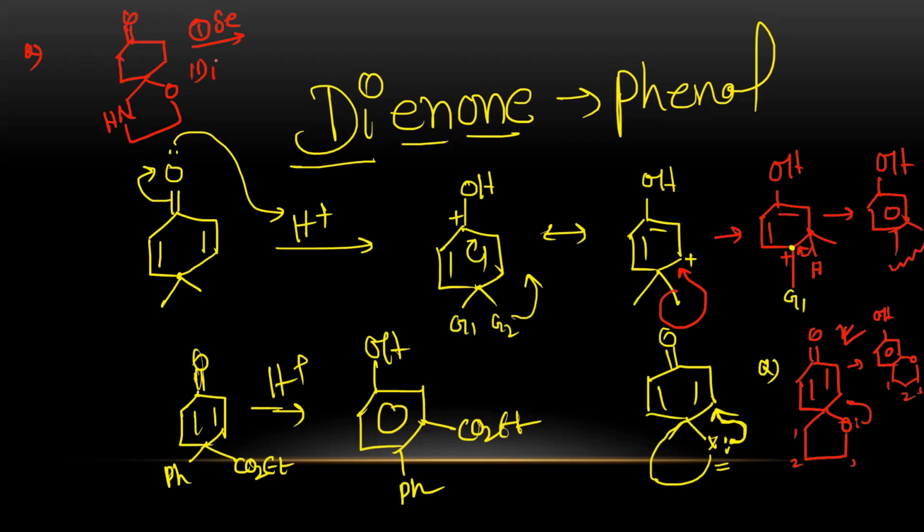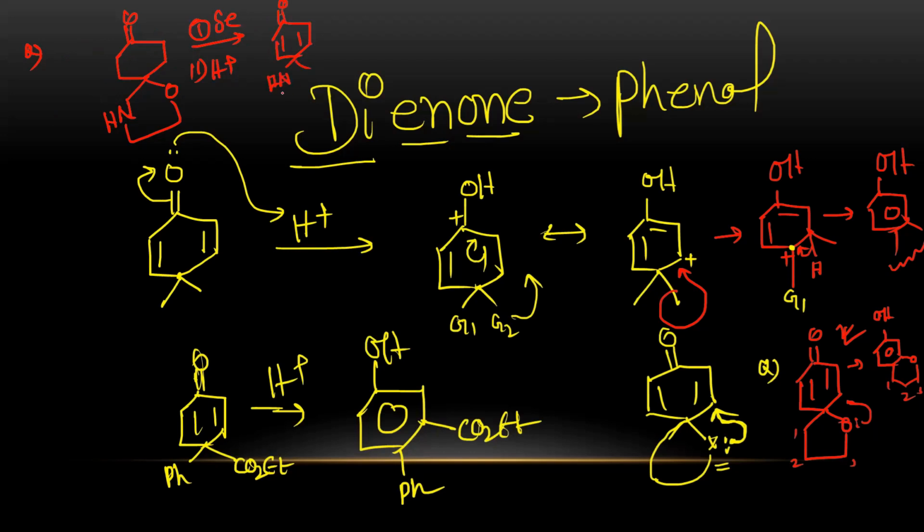Second is H plus. Selenium dioxide is a reagent which will make a double bond here. It will remove two hydrogens, which will basically oxidize the system. So we will be getting our dienone phenol rearrangement starting material, NH.